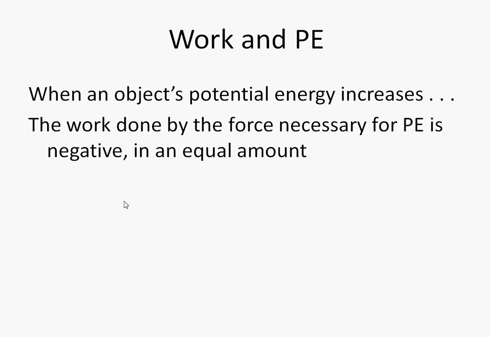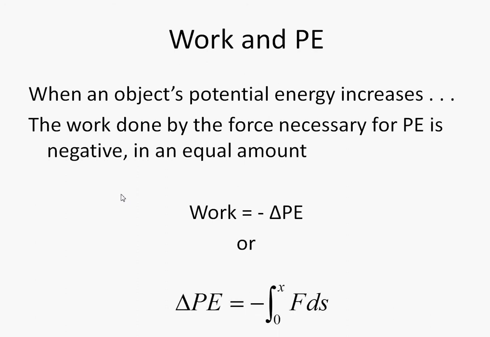It's sort of a conservation of energy thing. So work is going to equal the opposite of the change in PE. Or if we want to write it in an integral form, the change in PE is going to be the opposite of the integral of force with respect to the displacement. I could put 0 to s prime or something like that, but it doesn't really matter that much.